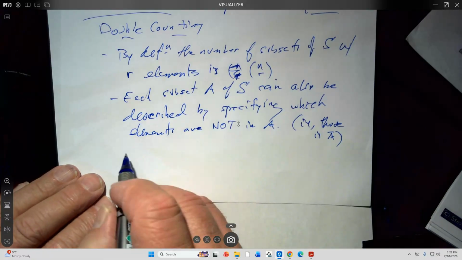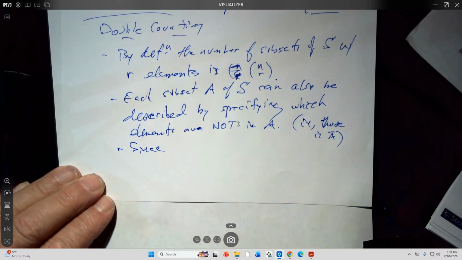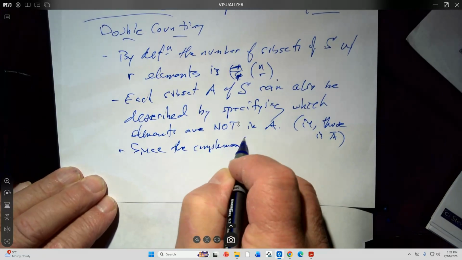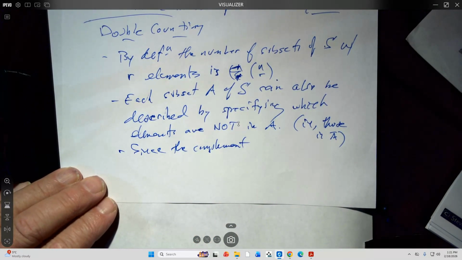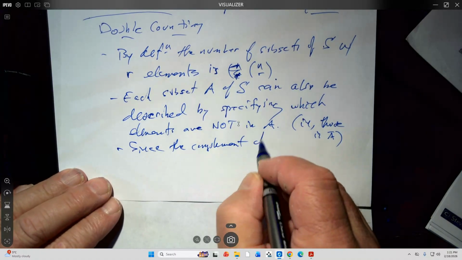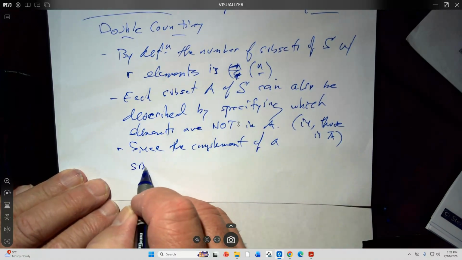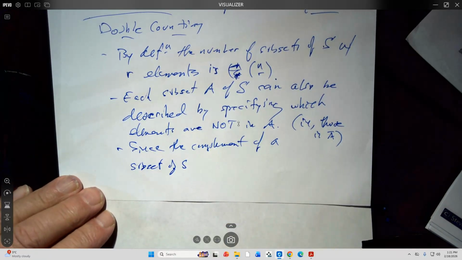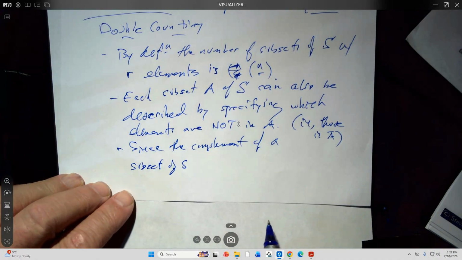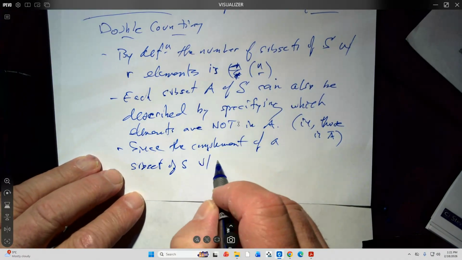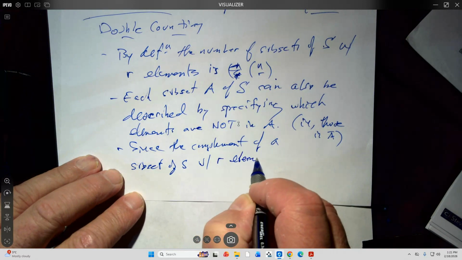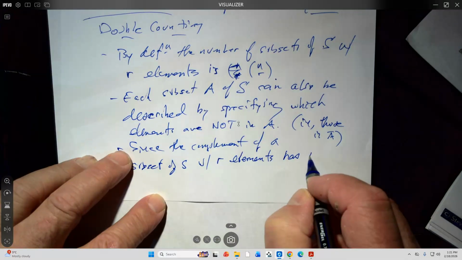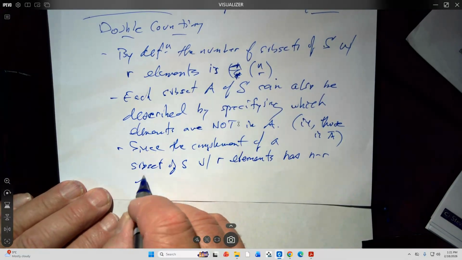Okay, since the complement of a subset of S with r elements has n minus r elements.